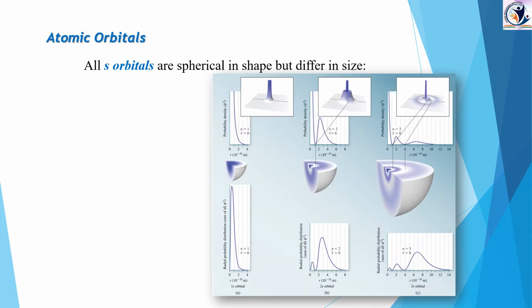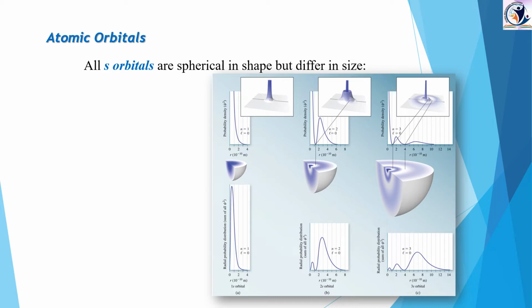Let us see, these are the atomic orbitals of s. s orbitals are all spherical in shape but different in size. Suppose there is a first orbit here. This is the first shell, meaning it has only one shell, one s. This is the nucleus and then this is the first shell.